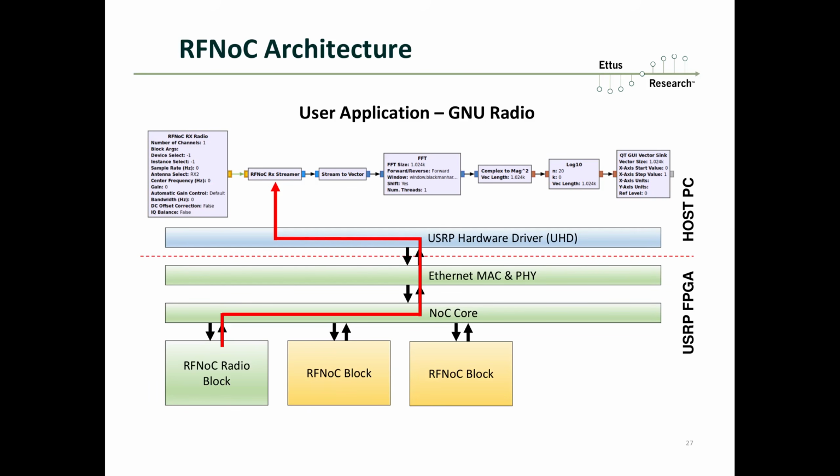The corresponding data flow on the FPGA is illustrated by the solid red line in the diagram. Recall that all data flow between blocks and the host computer must pass through the NOC core. Notice that in GRC, for the flow graph, the arrow from the rfnoc-rx radio block is green, to indicate that the data transfer is occurring on the FPGA and not on the host.